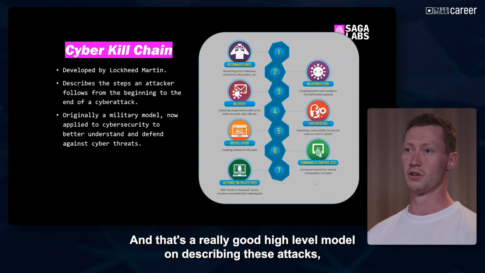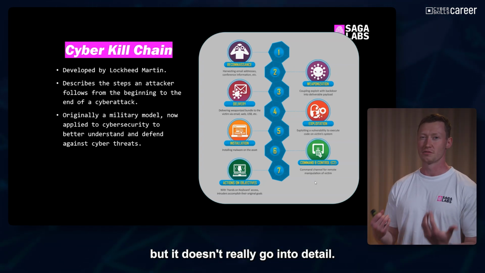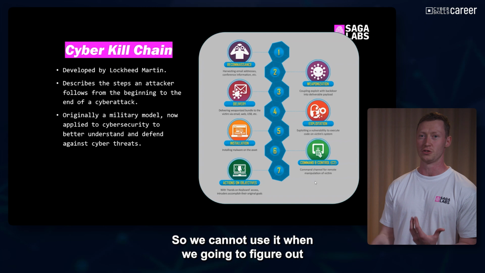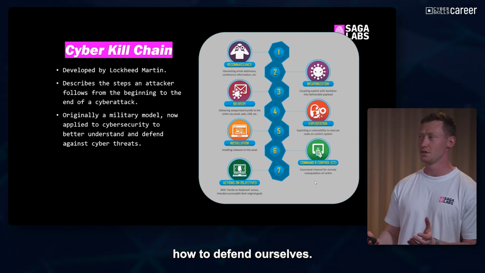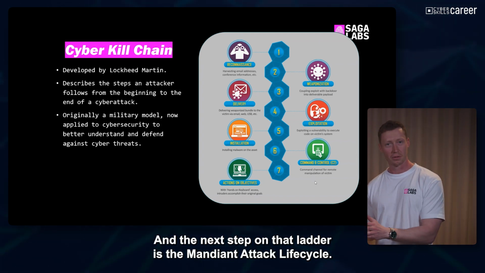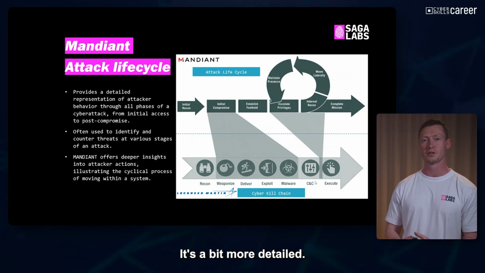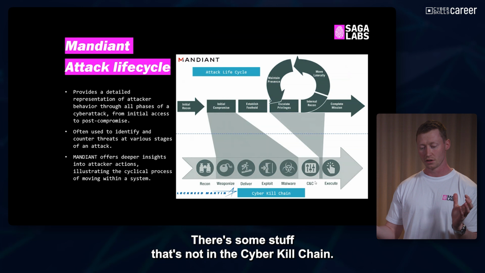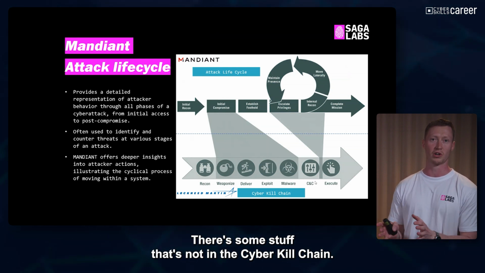That's a really good high-level model for describing these attacks, but it doesn't go into detail, so we cannot use it when figuring out how to defend ourselves. So we're going to go deeper. The next step on that ladder is the Mandiant attack lifecycle. It's a bit more detailed, and there's some stuff that's not in the cyber kill chain.